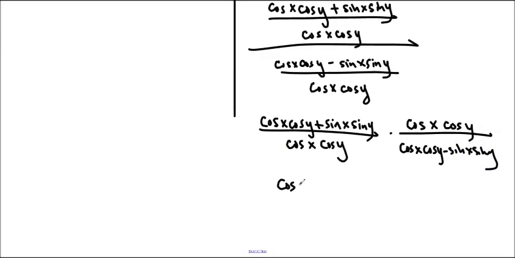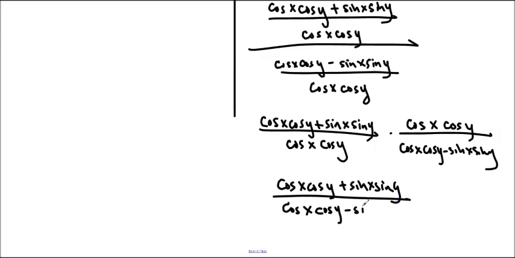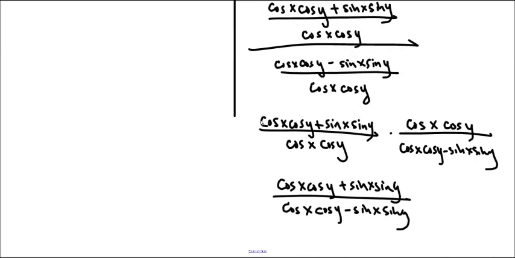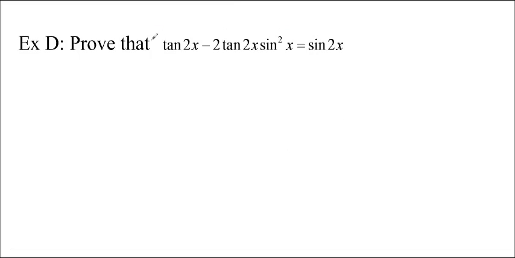And I'll get cos x cos y plus sine x sine y over cos x cos y minus sine x sine y, which is what I got on the other side. If you look at it, you can see it's right here. So it's exactly the same thing. So I'm done. So I'll write left side is equal to right side. Done. Alright. Next, and this is the last one, we're going to prove that tan 2x minus tan 2x sine squared x equals sine 2x.